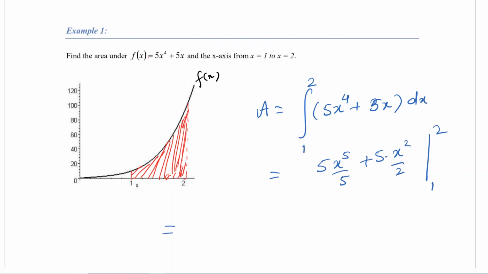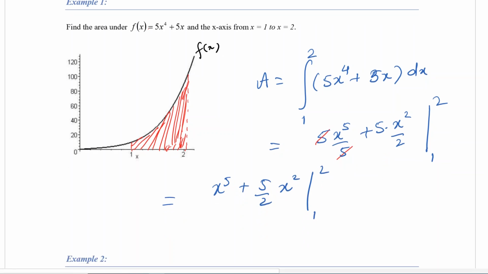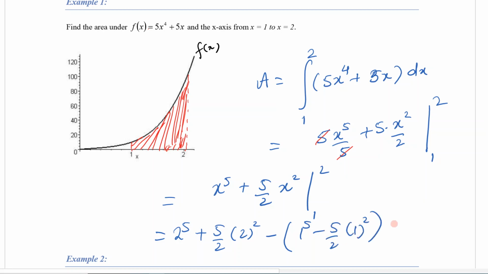We notice that the 5 and 5 cancel, so I'm just going to write one more step. We have x^5 plus 5 over 2 x^2, with limits from 1 to 2. When we plug in the values, we get 2^5 plus 5 over 2 times 2^2, upper limit minus lower limit, so 1^5 minus 5 over 2 times 1^2.